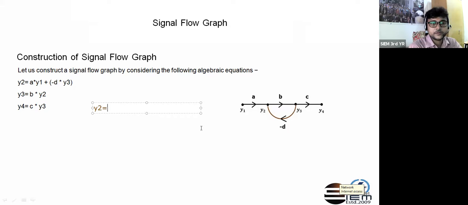Y2 equals a into y1. First you should start from the right side. So suppose y4, y4 is the node value. So this node value is nothing but the transfer function c into this node y3.